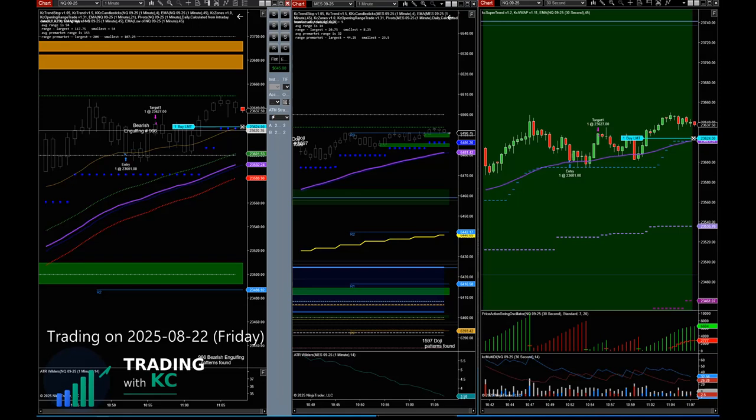If it breaks above the high, I'm done for the day. If it comes down, I'm going to look for 20 points. I can put my stop here at 605, which is basically 20 points down. Well, actually, I put it here 98.